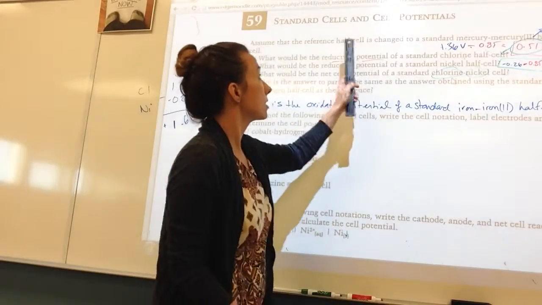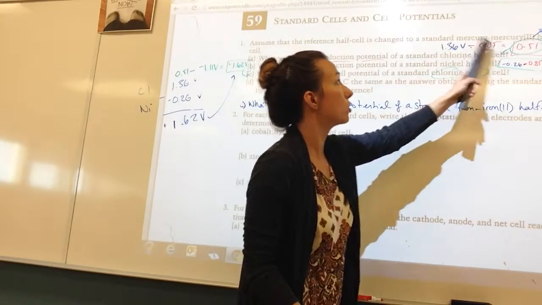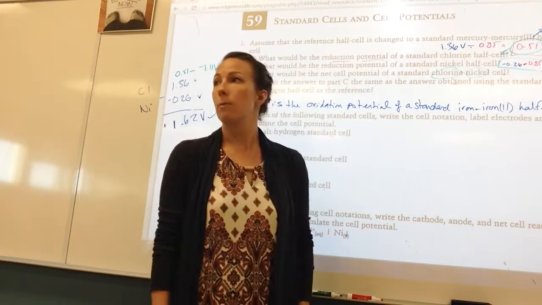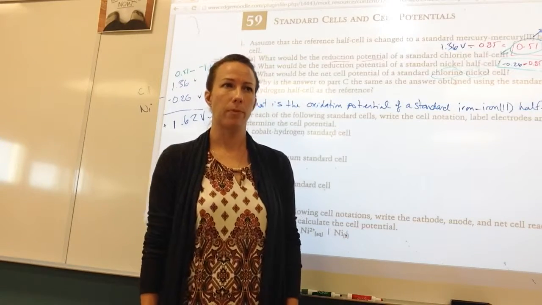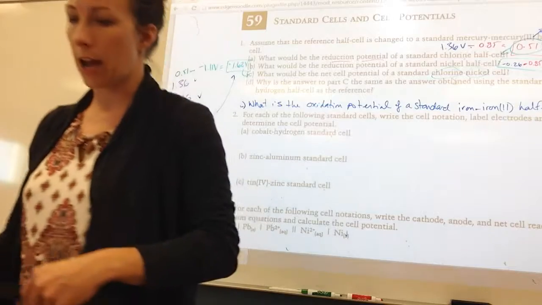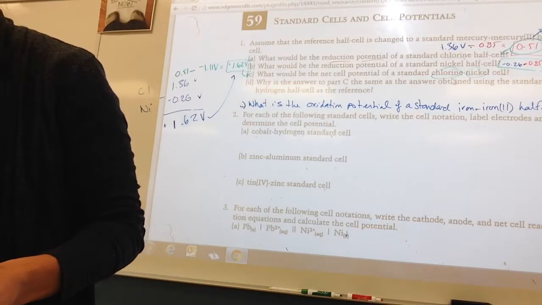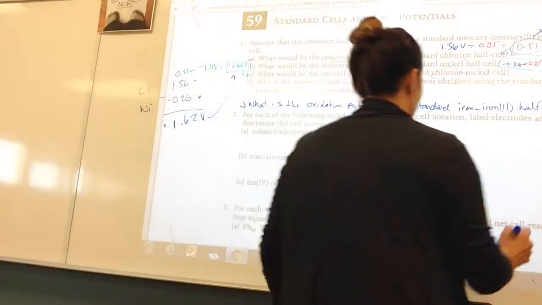And still, if the standard reference cell is changed to mercury 2. So I'm still applying those 2 things. Okay? So what is the current iron 2 half cell reading? Negative 0.45.